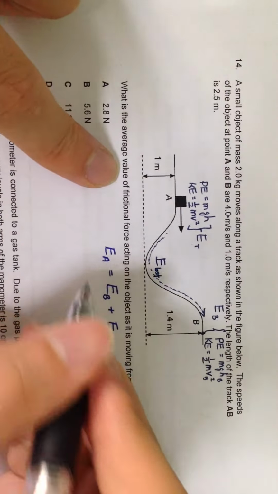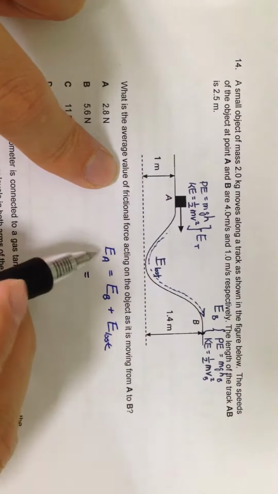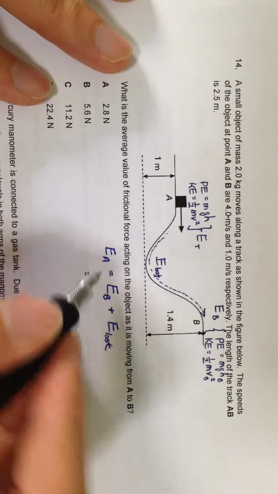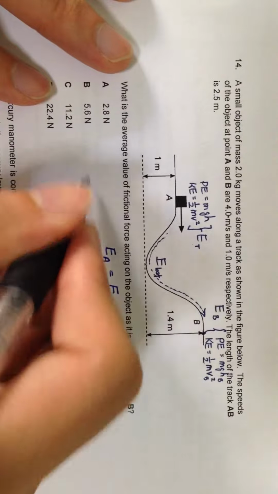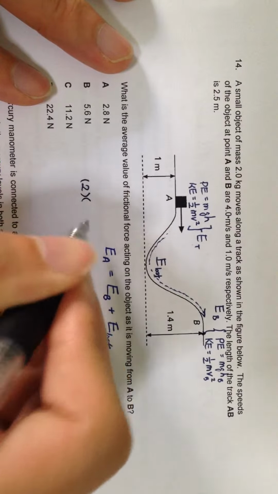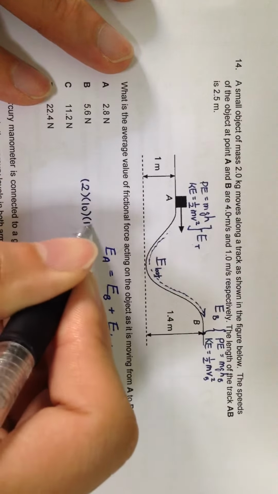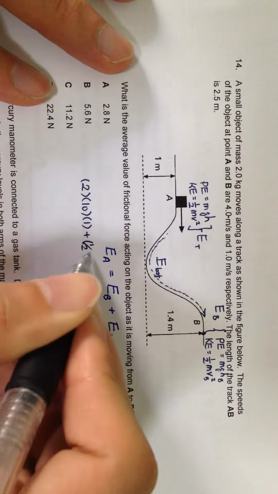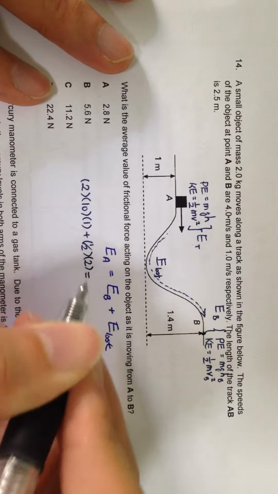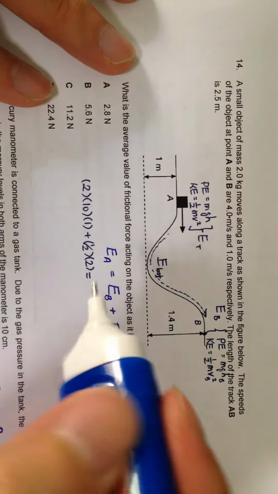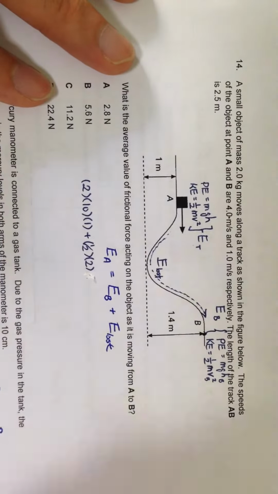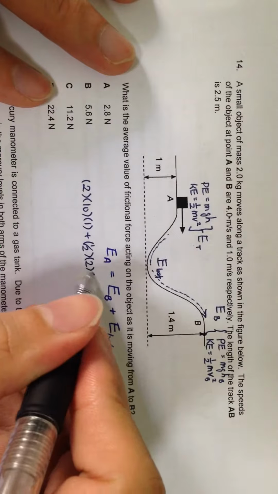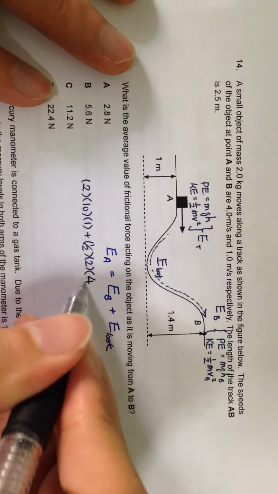So let's put everything together. Your EA, the energy at A, will be the mass times gravity times the height plus half m v squared, which is 4.